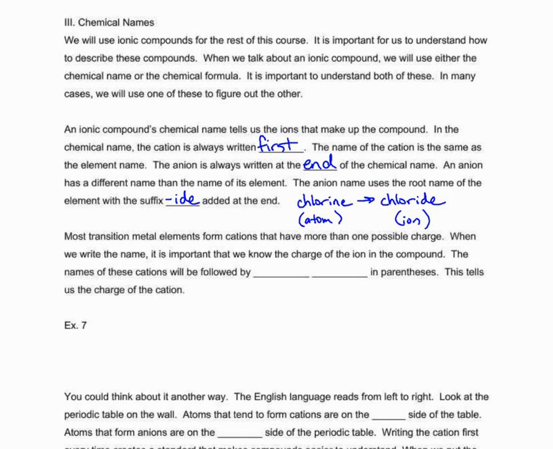Most transition metal elements will form cations, and they have more than one possible charge in most cases. So when we write the name, it's important that we know the charge of the ion in the compound. So the names of these transition metal cations will be followed by Roman numerals.